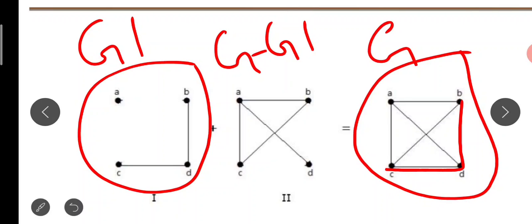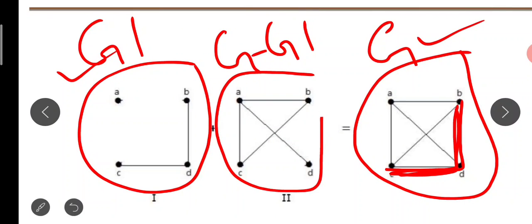What is G? This is G. What is G1? B, C, D. This is G1. Am I right? If I remove G1 from this graph, what remains is this. This is the complement of this one. So this is called complement.